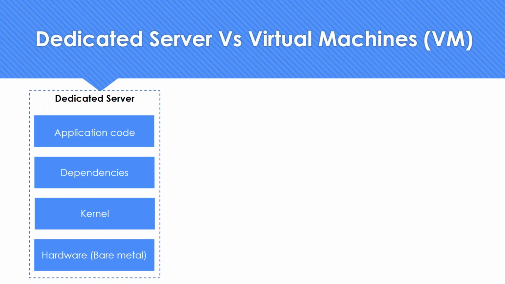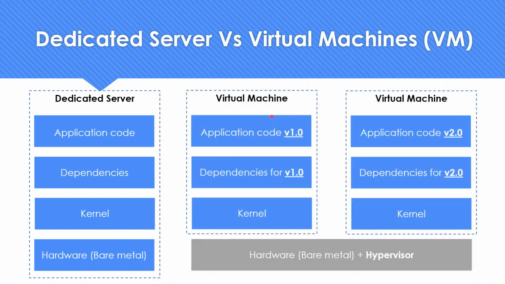So that is where at that time organizations like VMware and all started providing some different solutions called virtual machines, where it was exactly the same concept, but on top of your bare metals, they install a system level software called hypervisor, which is going to basically virtualize your hardware.